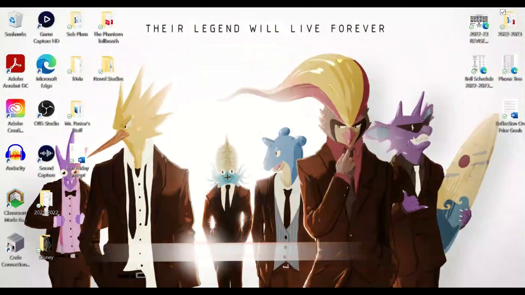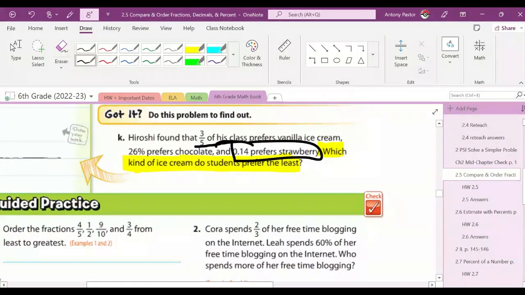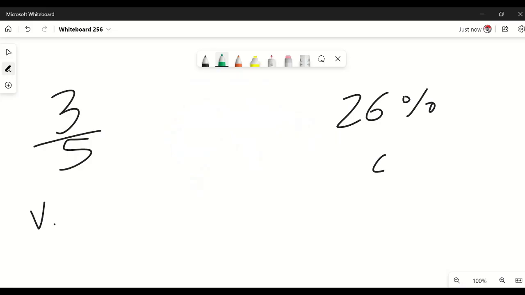And I'm going to write down here in another color that strawberry is 0.14, with an S next to it for strawberry. We are going to convert these into decimals in order to compare which one is the smallest.